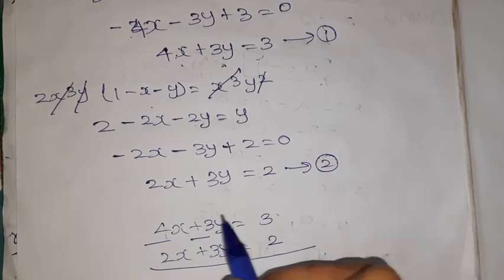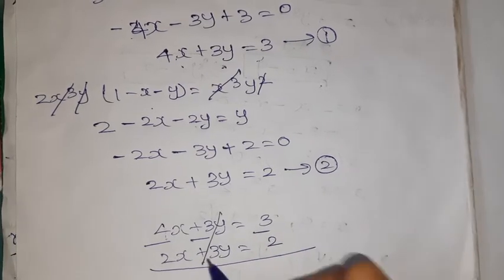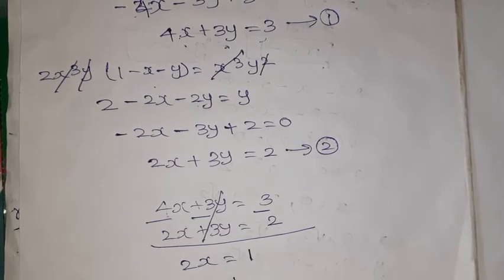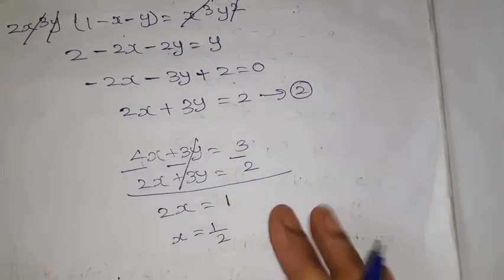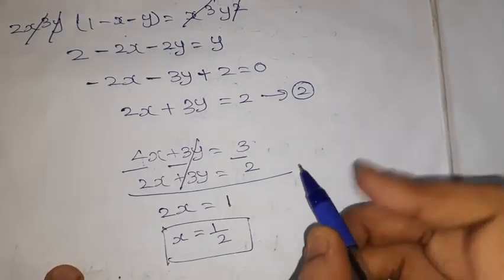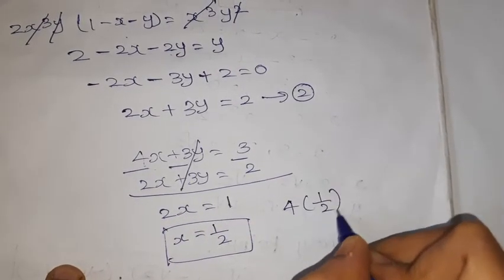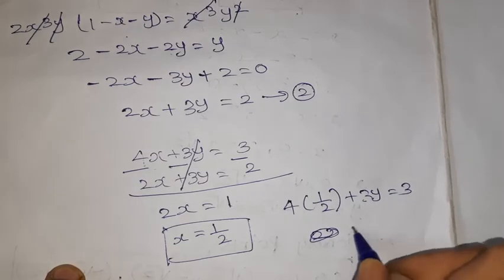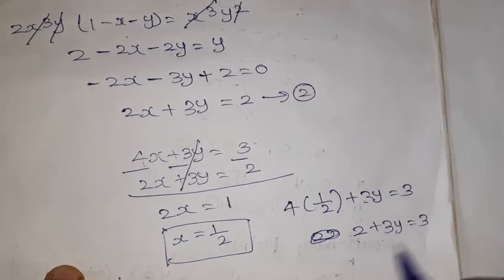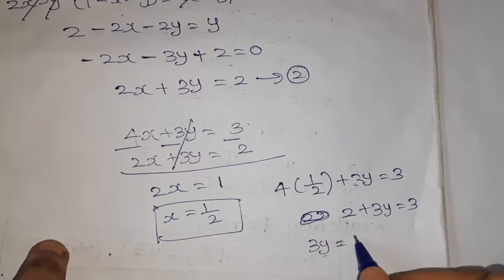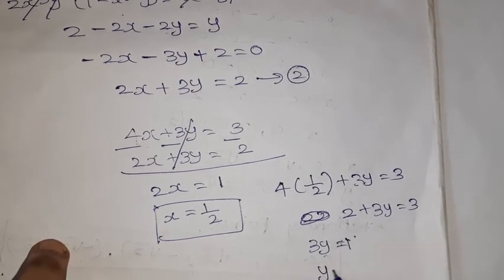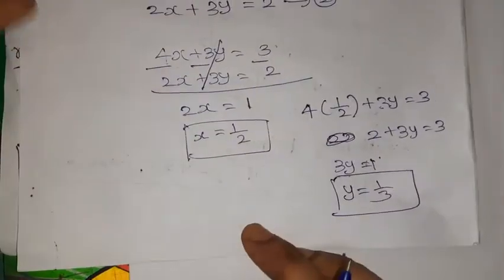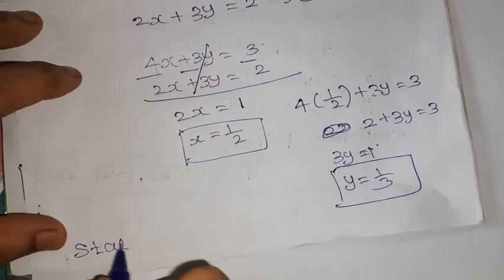Subtracting 2 from 1, the 3y cancels, so 2x = 1, then x = 1/2. Substituting into equation 1: 4 into half plus 3y equals 3, so 2 + 3y = 3, 3y = 1, then y = 1/3. So the point is (1/2, 1/3). This is the stationary point for the given problem.